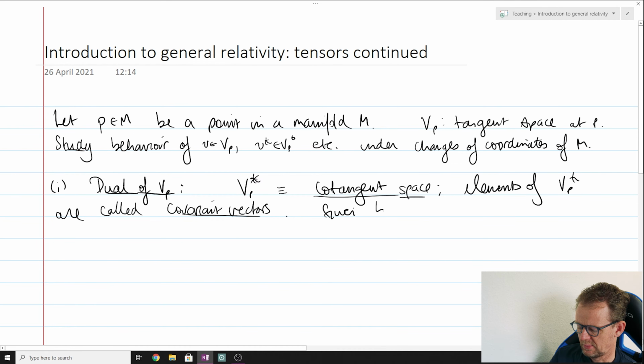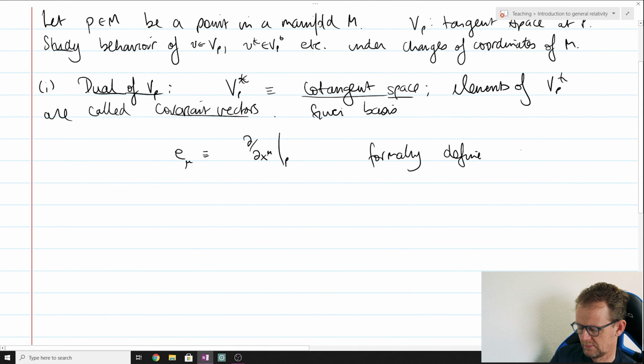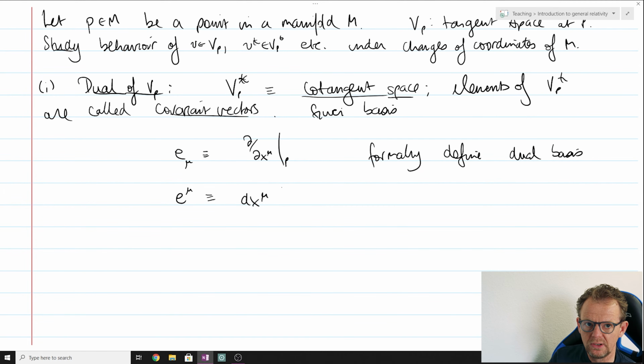Given a basis, we have a basis for Vp. This is the standard coordinate basis that we've been considering in the previous lectures. We formally define a dual basis, E mu, and we employ a very suggestive notation, although at this point you should be cautioned against interpreting this notation too literally.